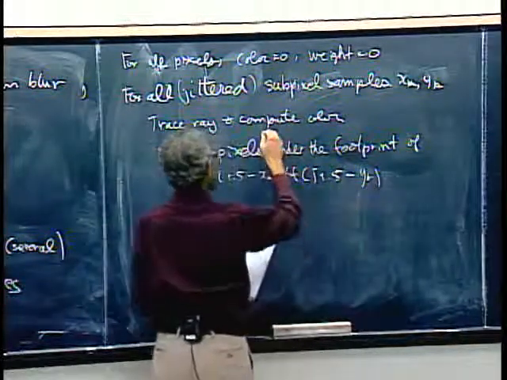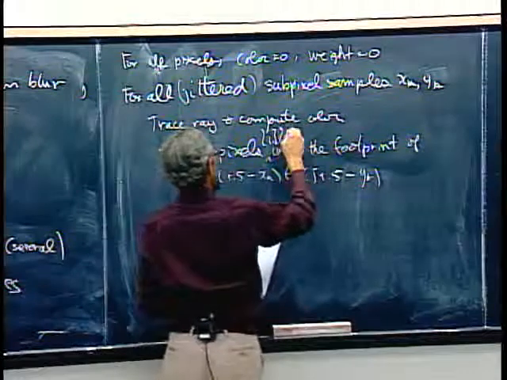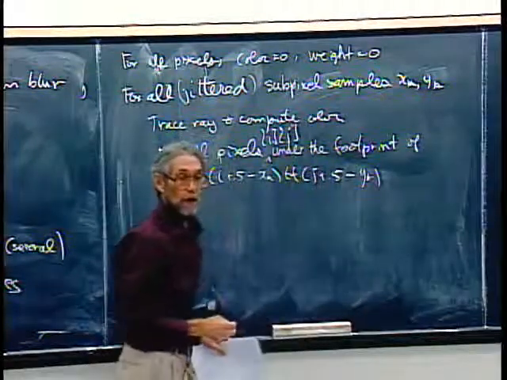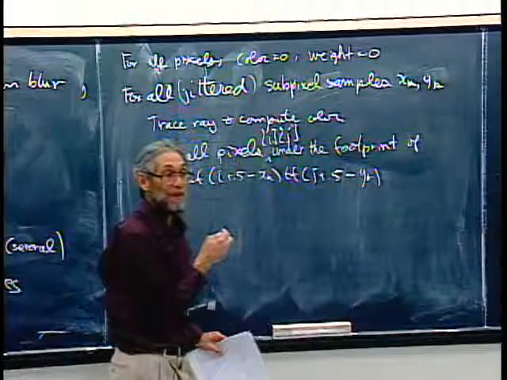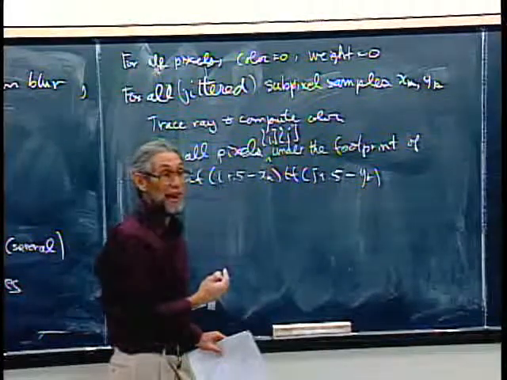This is all pixels i, j. In general, there'll be 4 of them. I guess if it's exactly at a pixel center, it'll only be 1. But if you do it randomly, it's unlikely to happen there.